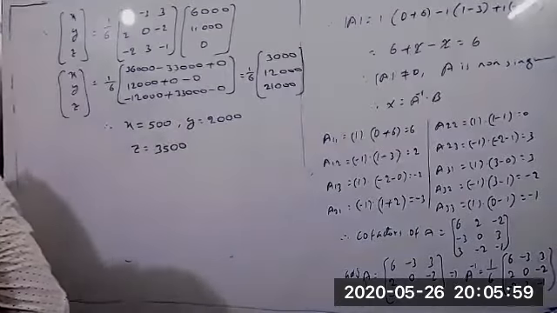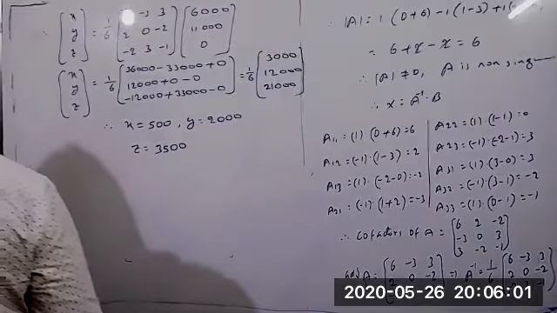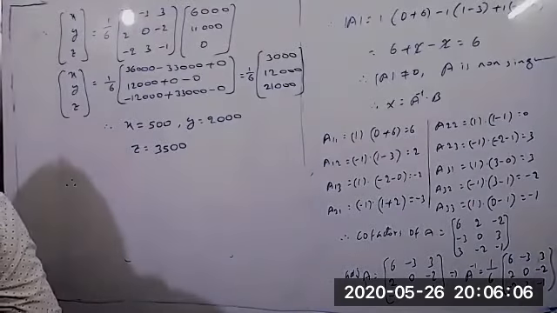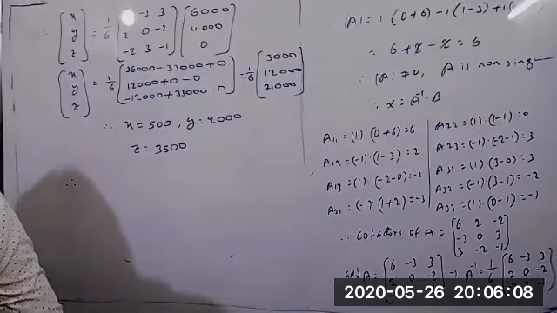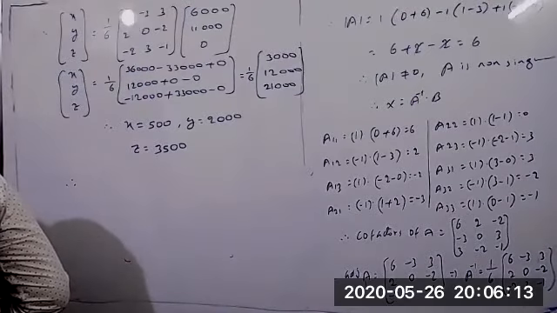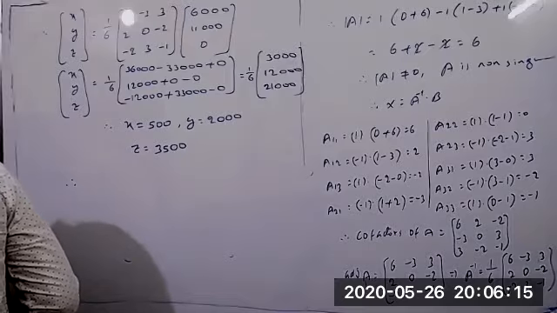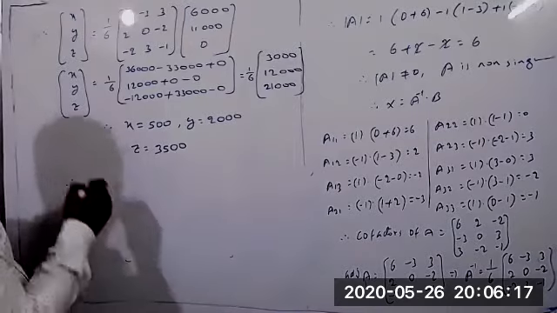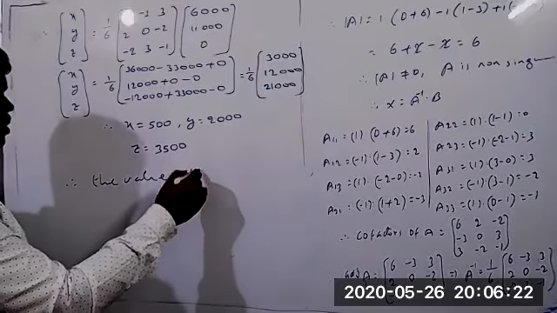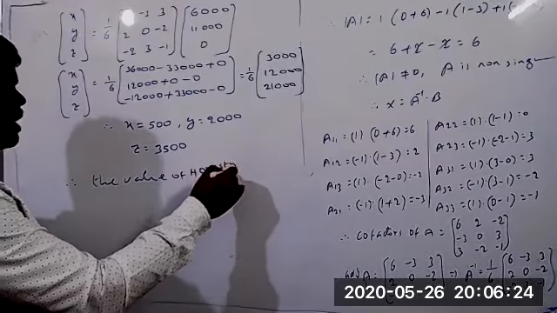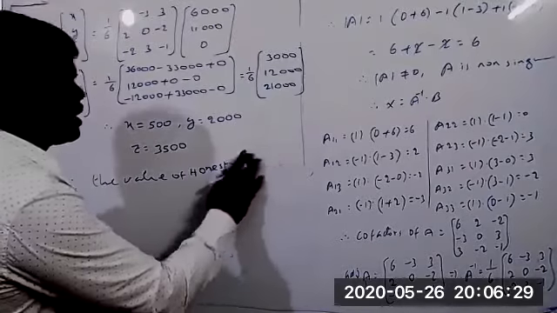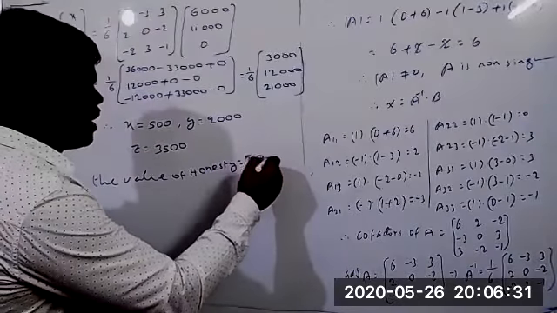So therefore, what is the first one, tell me now? Therefore, the value of honesty, I think it is x only, equal to 500 rupees.